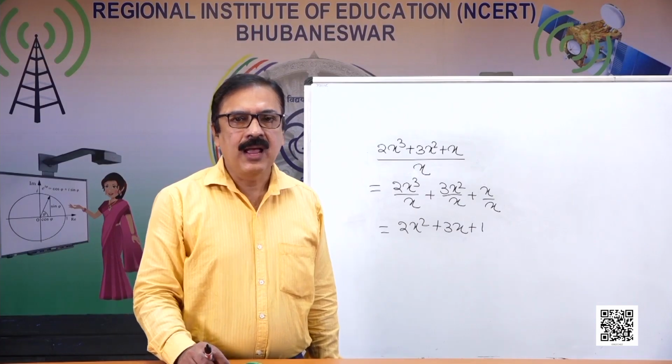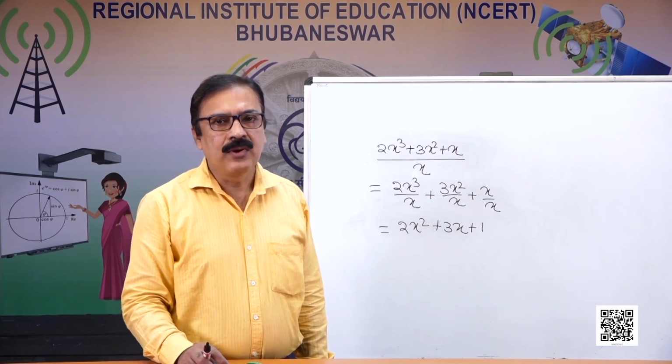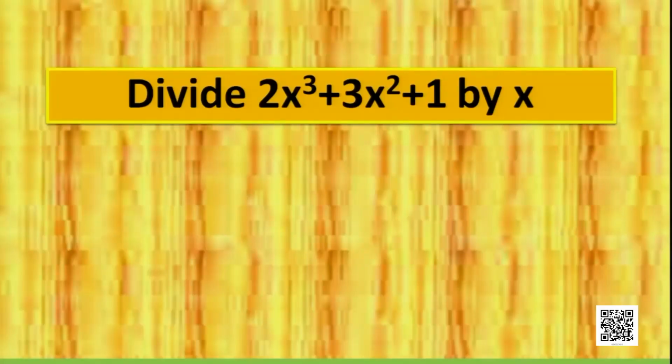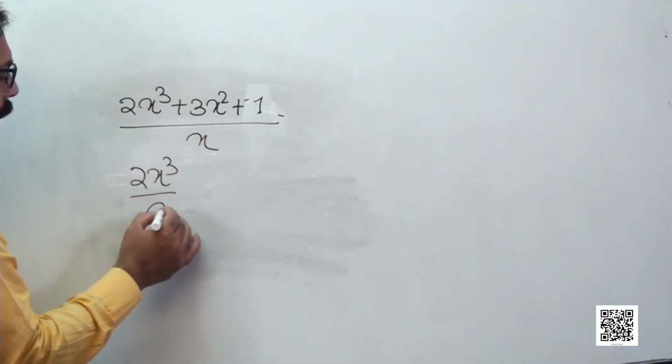Let's consider another division, that is 2x cube plus 3x square plus 1 by x. What happens in that case? Here, if we divide by x, then the first term is divisible by x.